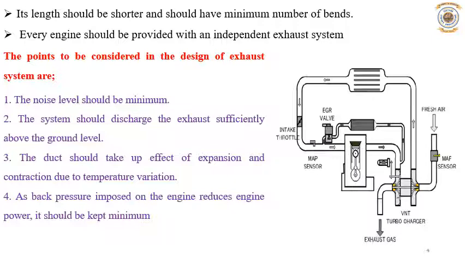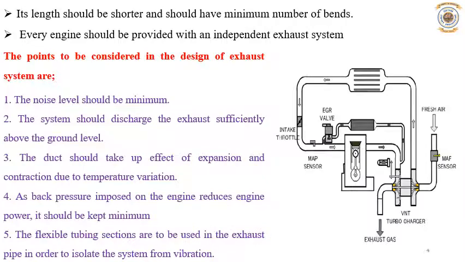Back pressure imposed on the engine reduces the engine power, so it should be kept minimum, and you should avoid such a problem. The flexible tubing sections are to be used in the exhaust pipe in order to isolate the system from vibration. So these are the points you should consider before designing the exhaust system.